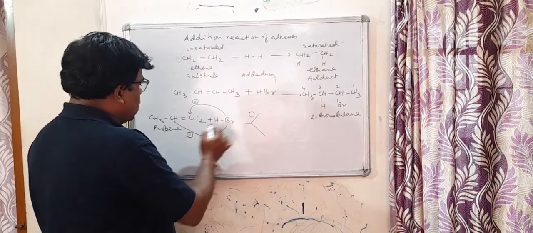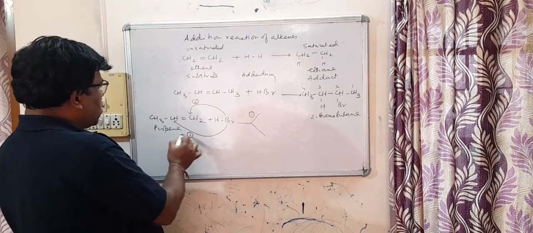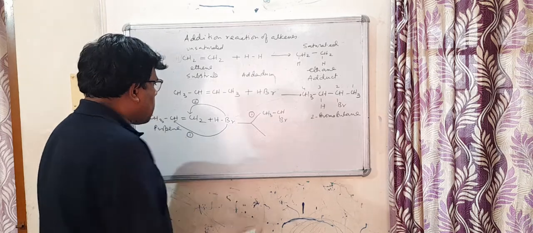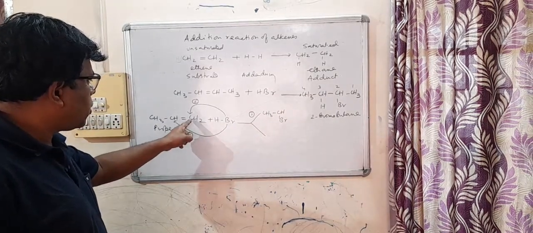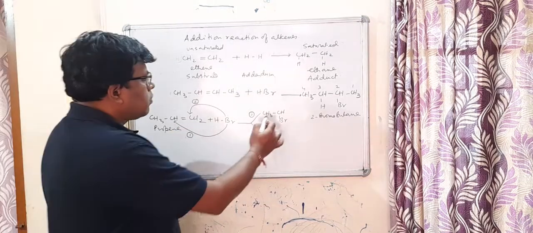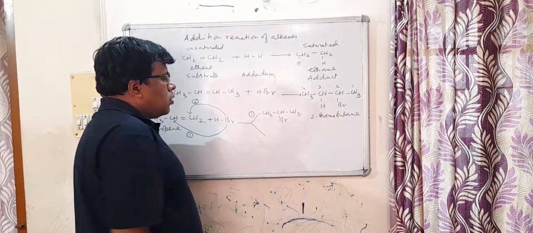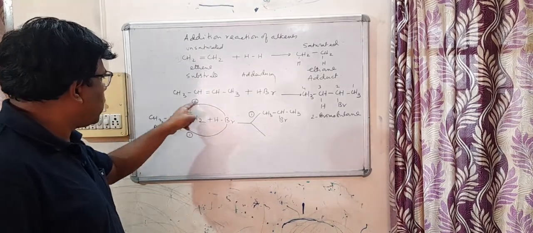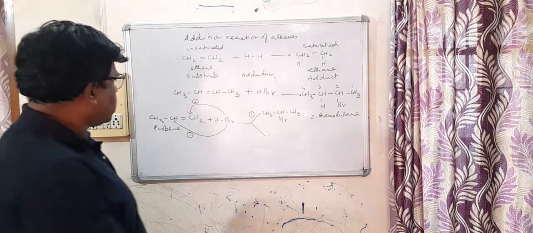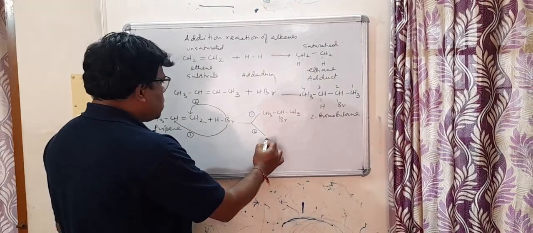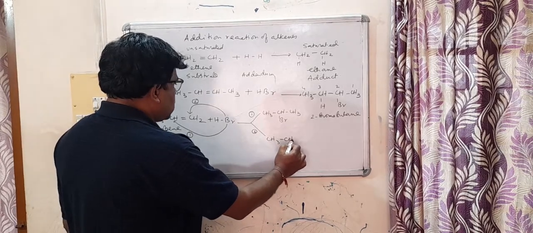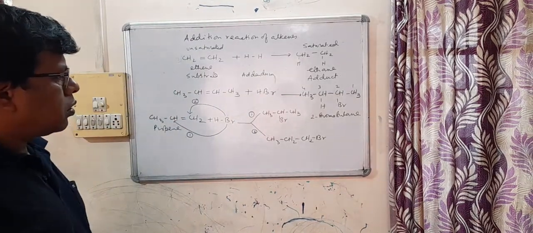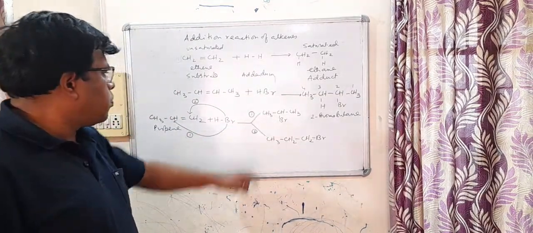If it adds in this way, Br coming here, it will be CH3CHBrCH3, as H will get added here, so this CH2 will become CH3. On the other hand, if Br gets added like this, then it will be CH3CH2CH2Br. So these are the two possibilities.